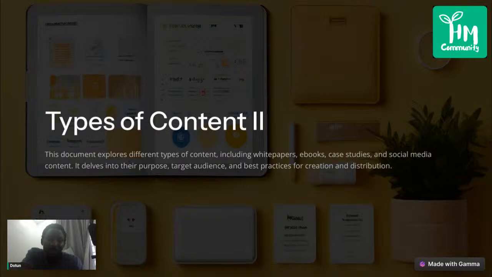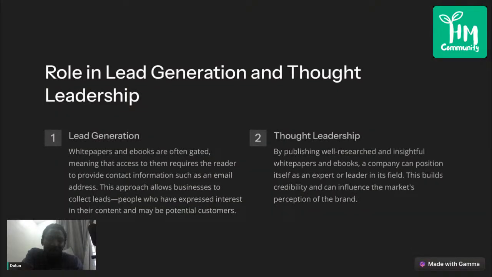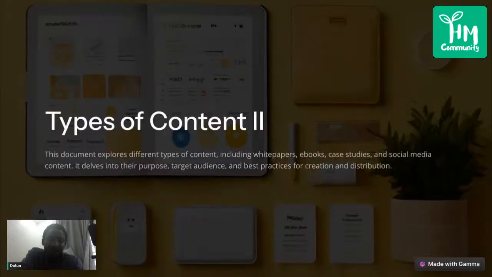So we'll be delving into types of contents, and we'll be looking at two basic types of contents for this particular topic that we're treating today. The types of contents we'll be looking at include white papers, ebooks, case studies, and social media content, right?